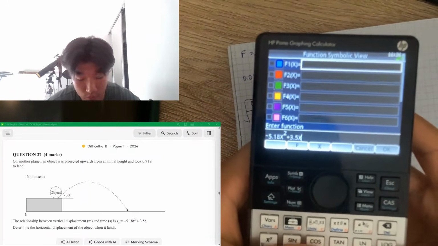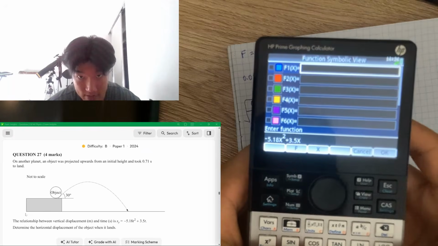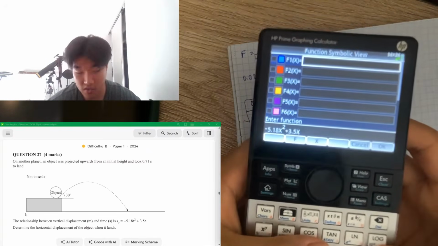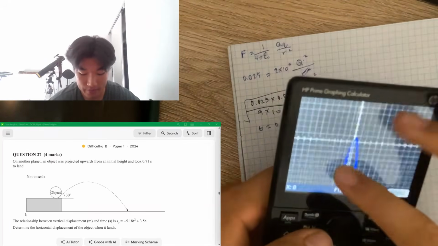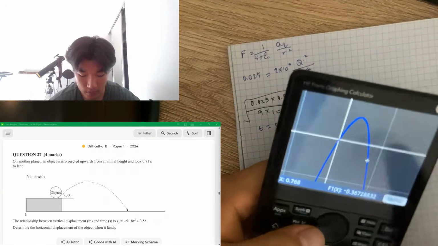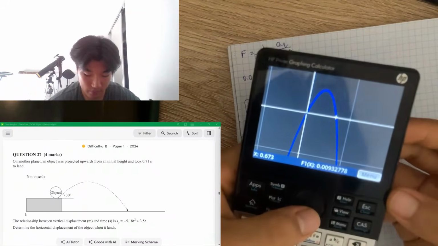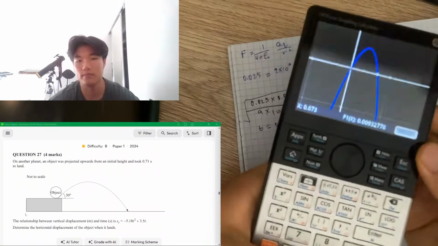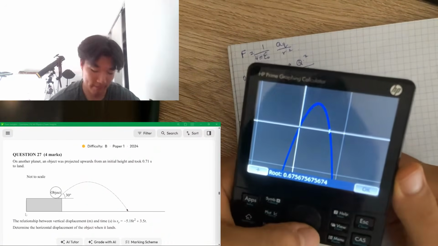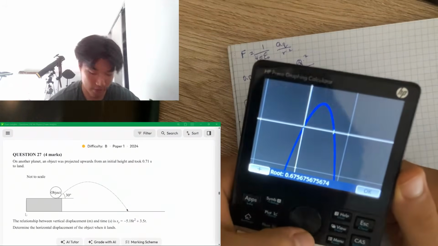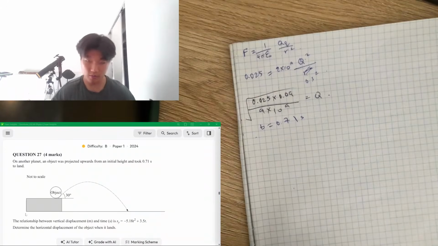So negative 5.18x squared plus 3.5x, which in this case, x represents t, so time. So obviously, at 0.6, okay. 0.67567, oh my days. Okay, no, they've got to be trolling.